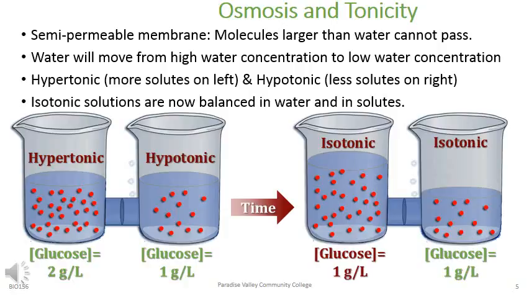In this particular example, the solutes haven't changed. So the only thing that's changed really here is the amount of water, which is why when you look at that isotonic state, you have what seems like more water on the left than on the right, but in reality they're exactly the same, as are the amount of solutes.